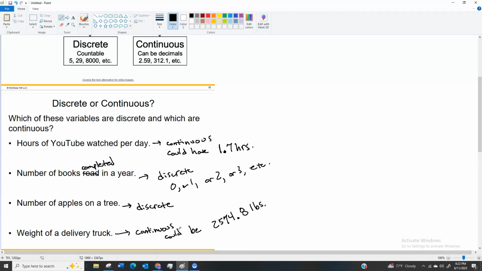But again, somebody could define this as being discrete by just saying we're going to round it to the nearest pound and only allowing the whole numbers. Then you could call it discrete. But if you're allowing partial weight, then you would call that continuous.